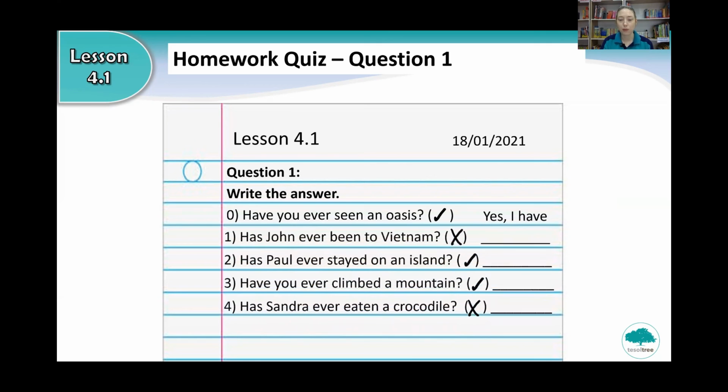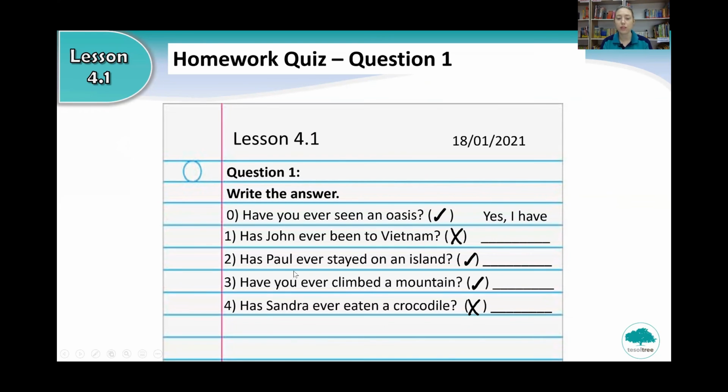So I want you to copy question 1, 2, 3, and 4 in your notebook. So look at the cross. Cross means the answer is no. And the tick means the answer is yes. And in number 1, we are talking about John. So is John a boy or a girl? That's right. John is a boy. So we talk about he.